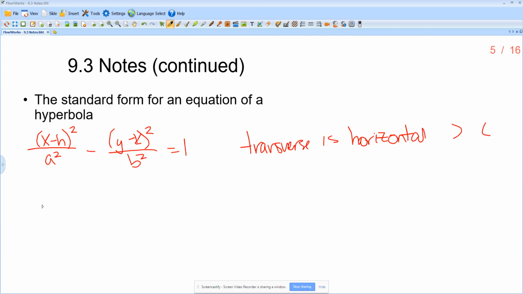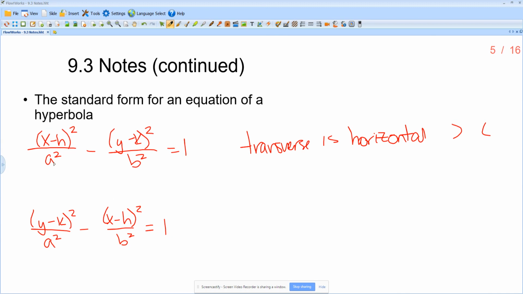Your other case, it's not a squared and b squared that switch. What switches for a hyperbola is the numerators. So we're going to have (y minus k) squared over a squared minus (x minus h) squared over b squared equaling 1.